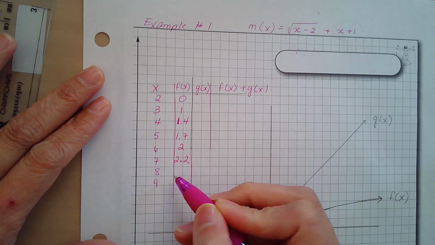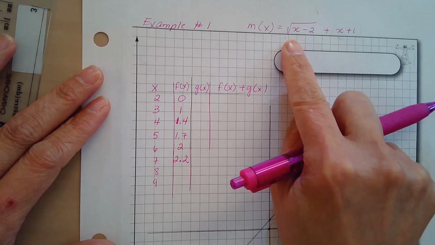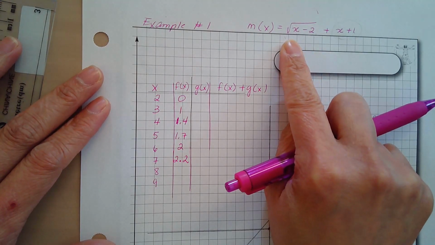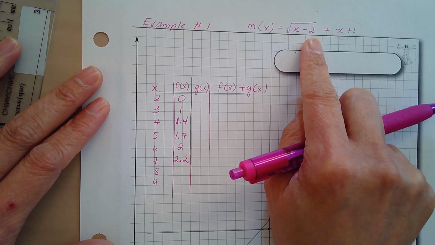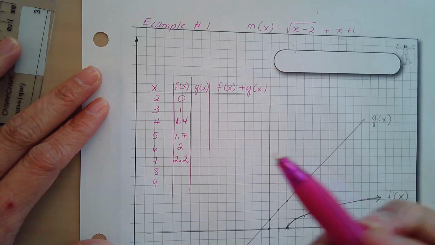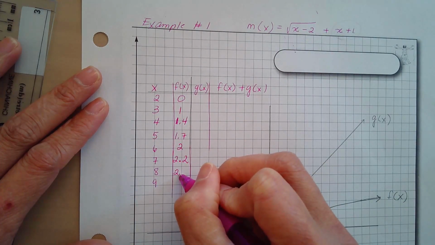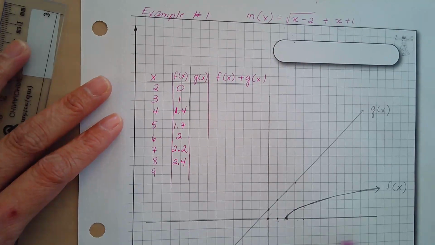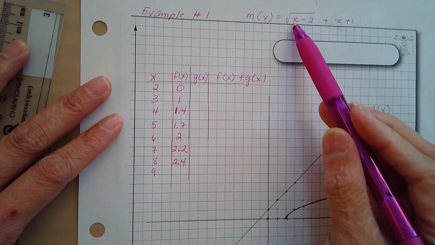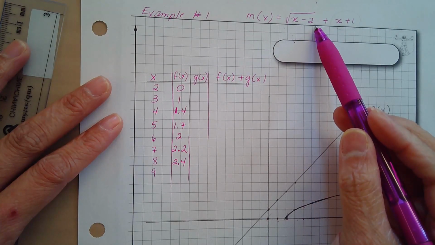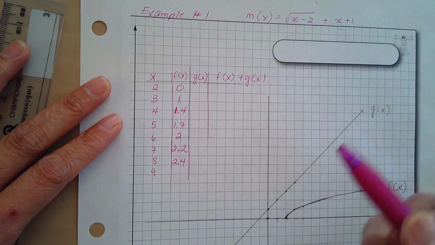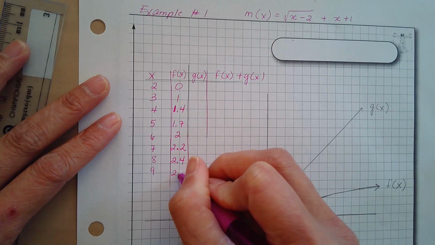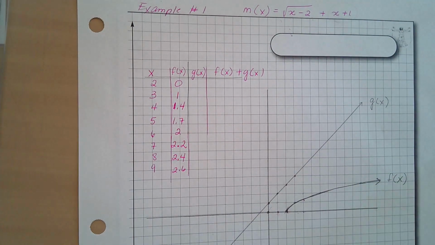And then if x is 8, we're going to plug in 8 in here. So 8 minus 2, that's going to be 6. So the square root of 6 is going to be 2.4. And then if x is 9, it's going to be 9 minus 2, 7, 2.6. Okay. Good. Very nice.